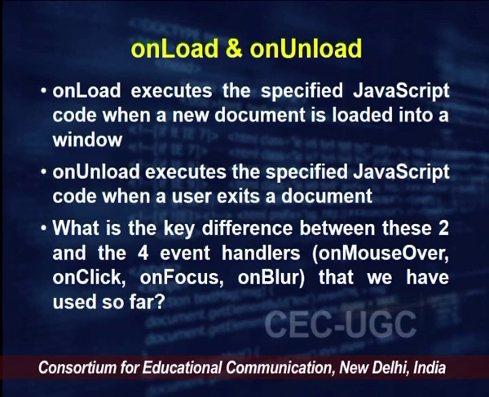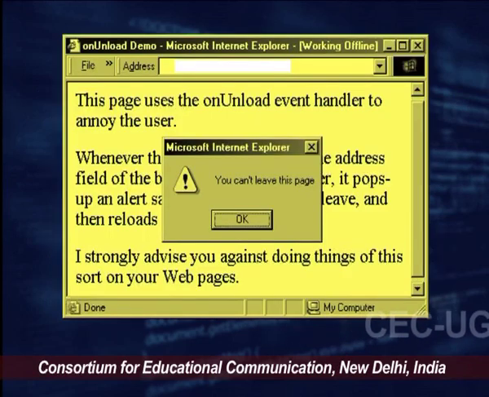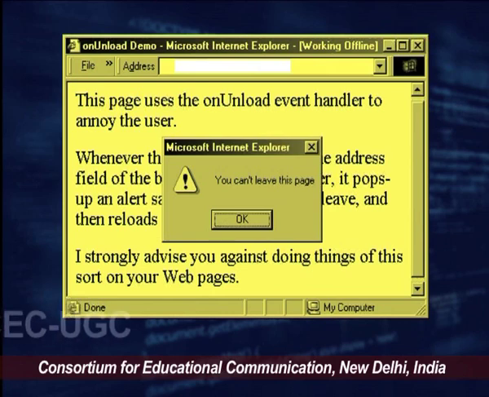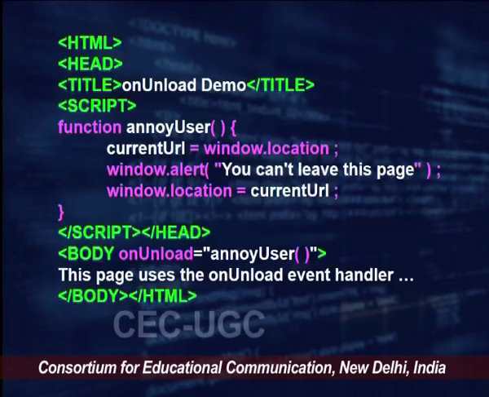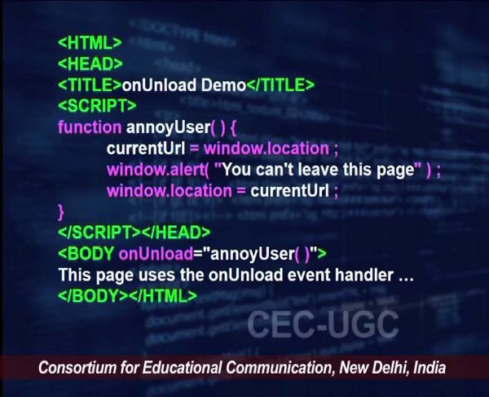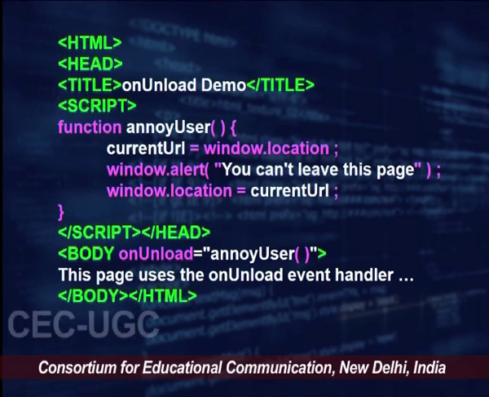In this case, whenever the user is trying to close the page, it is going to give a message to the user. Whenever an onUnload event occurs, the function will be called. This is defined because this function belongs to the entire document structure. So we call the event handler and define this event in the body.